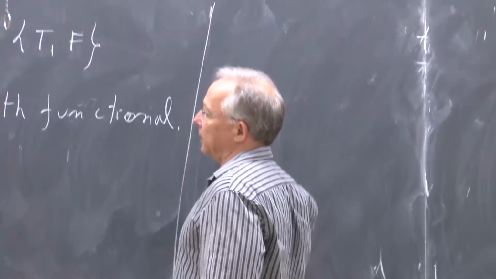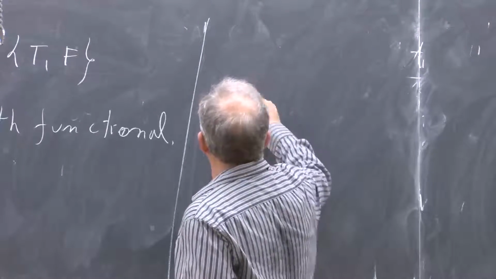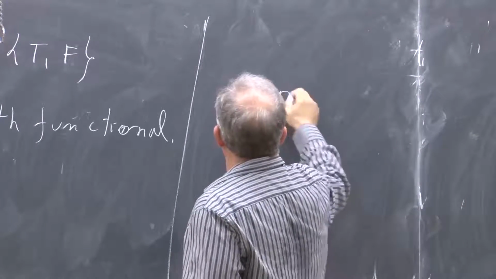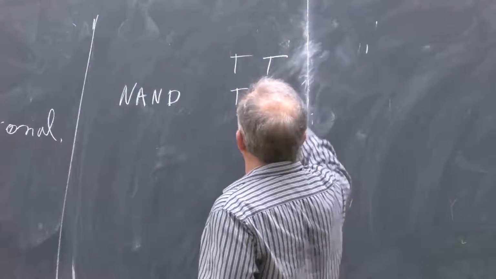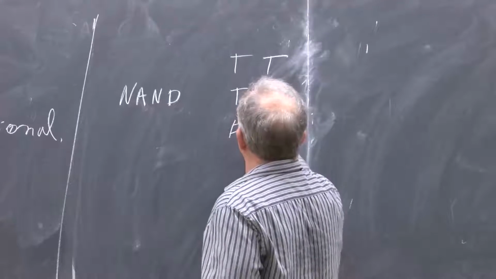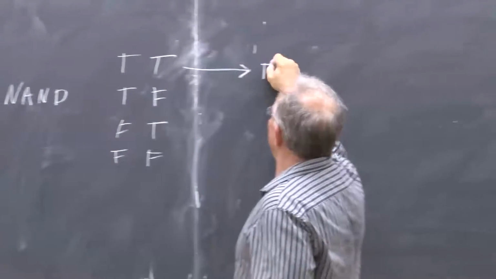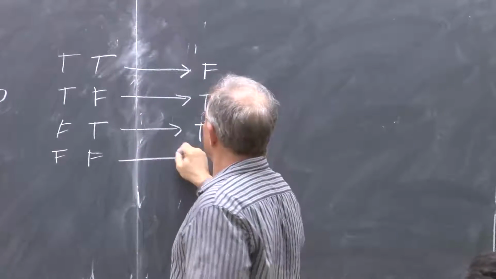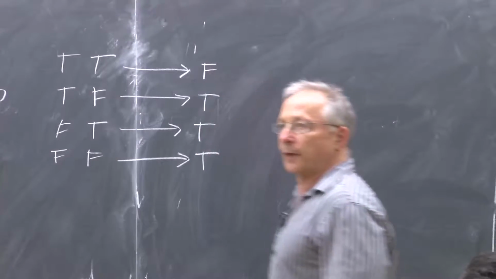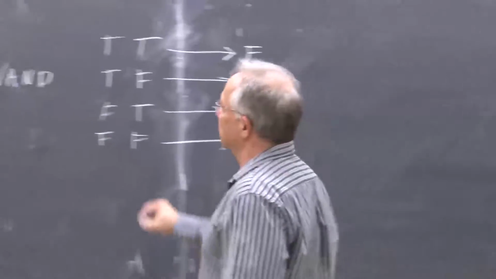Right, so what about the function NAND, that is defined as follows? You take TT, TF, FT, FF, and you map this one to false and all the others to true. So that's a truth functional that was not one of the 4 that we had there.